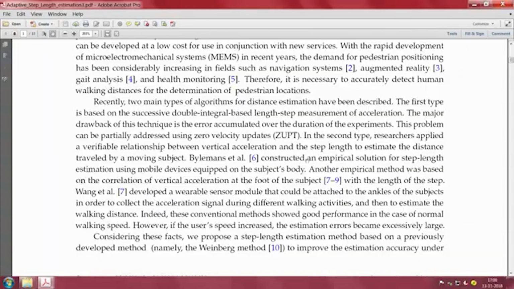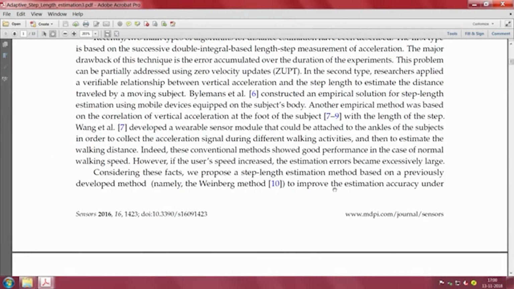So keep that in mind, and as we read we will understand them further. Vertical acceleration and the step length to estimate the distance travelled by a moving subject. So then you have empirical solutions for step length estimation using mobile. So many people have worked on it, and they describe all the nice work that has gone behind.